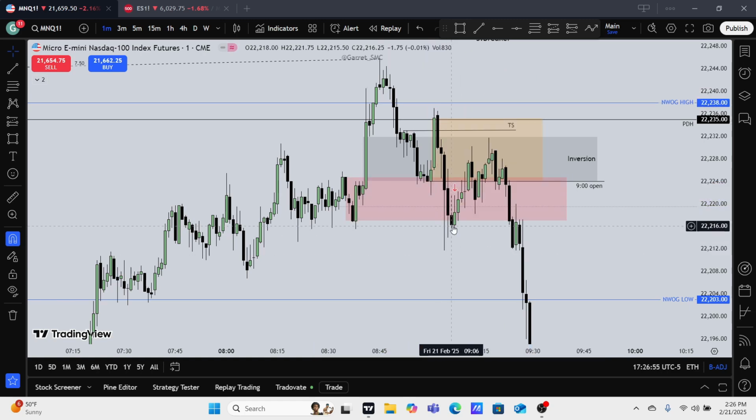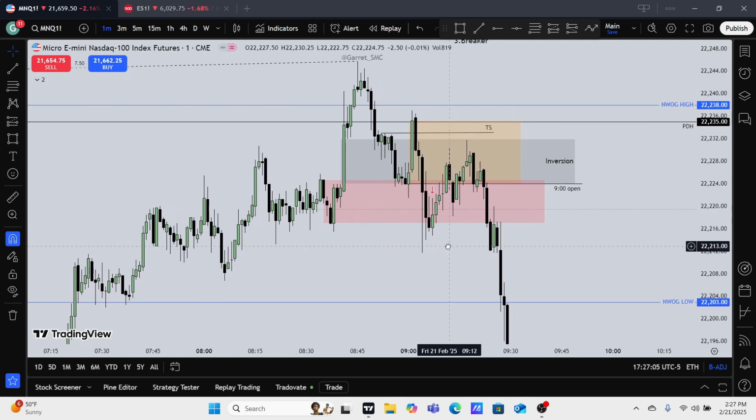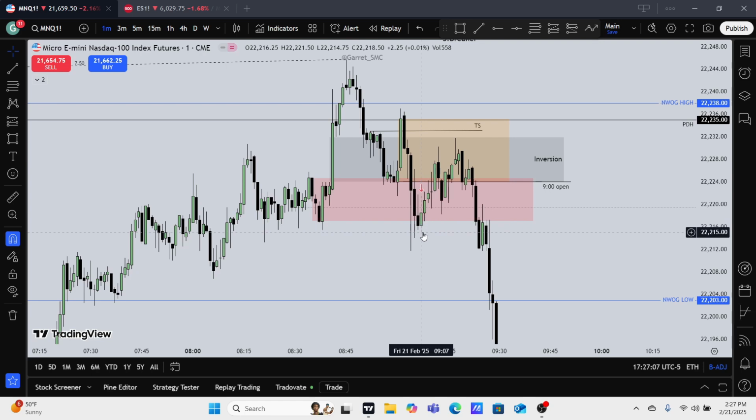See right here, we have these candles close below here. We have a high, a low, a higher high, and a lower low, activating this bearish breaker. And you can see right here on the second candle is when I went short with 5 contracts here on NQ.